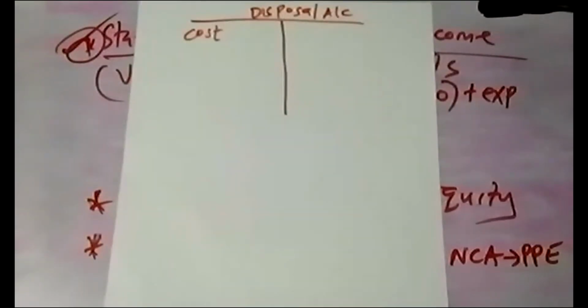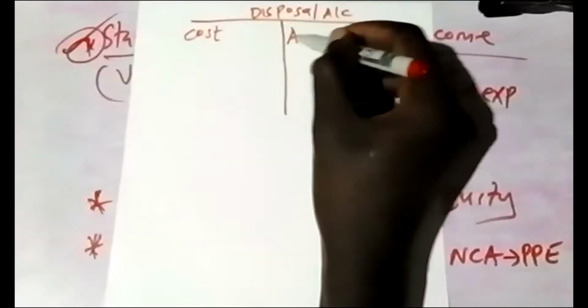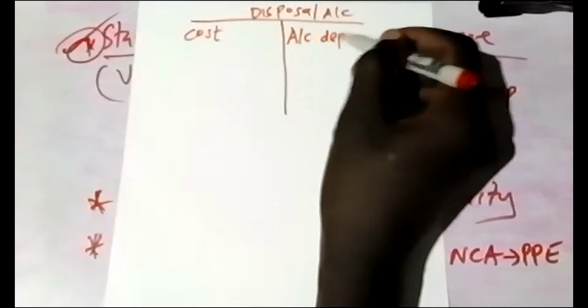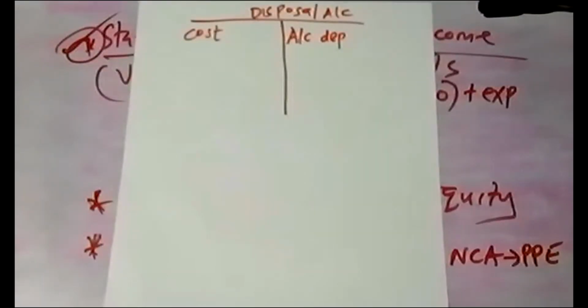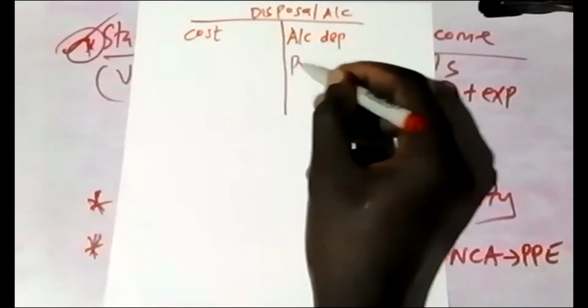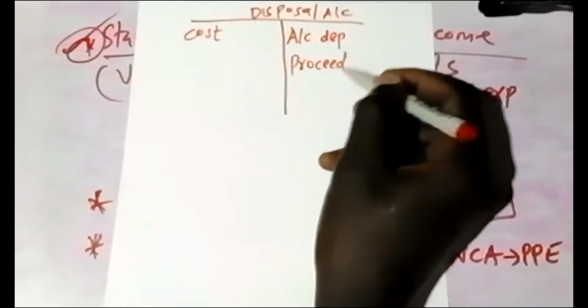After that, on the credit side, it must have the accumulated depreciation of the asset being disposed. At the same time, on the credit side, you must record the proceeds.